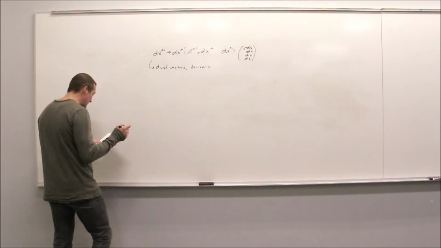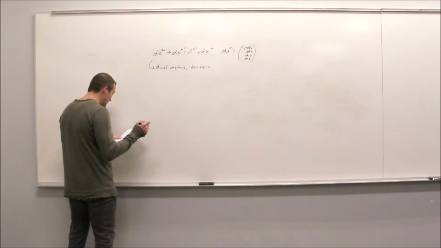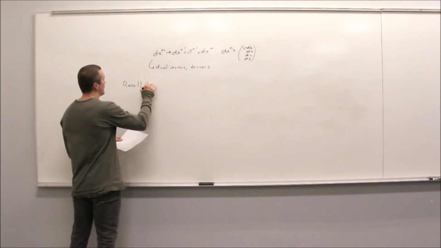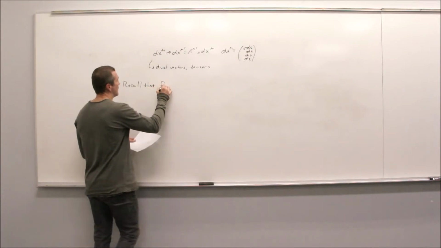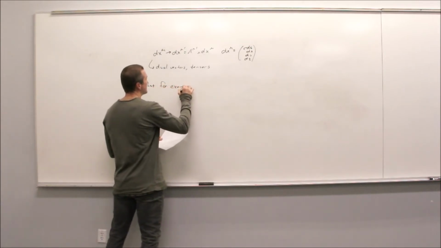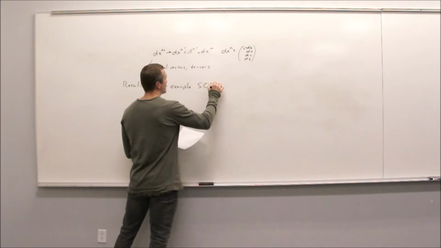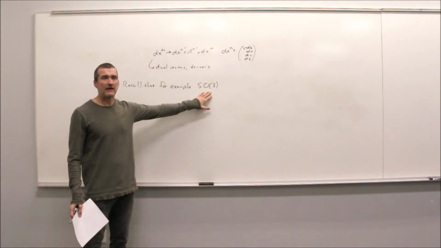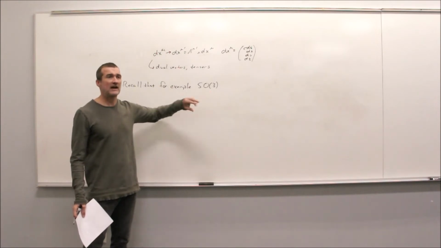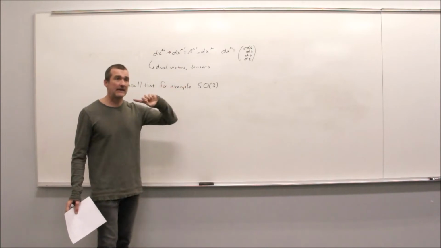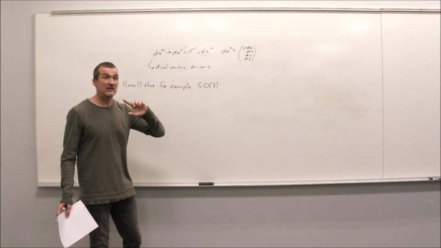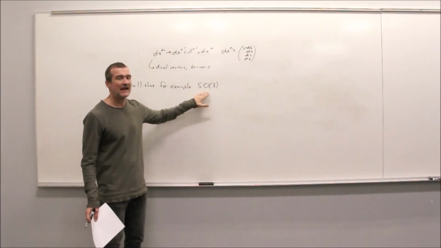Now, one of the key things to recall is, for example, SO3. We'll pick on SO3 for a bit. How many elements does SO3 have? An infinite number, thank you, because it's parameterized by 3 angles, and those angles take a continuous range of values. It's not an infinite range of values, but it's continuous, so it's an infinite number of transformations.